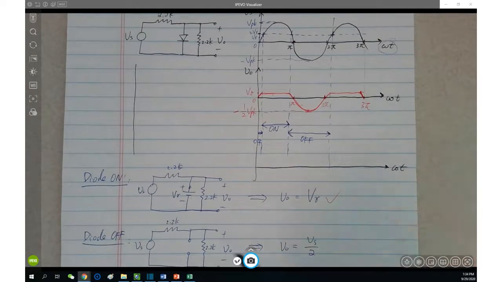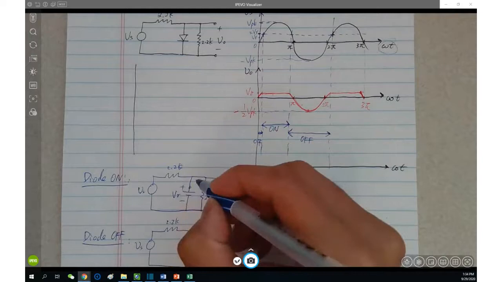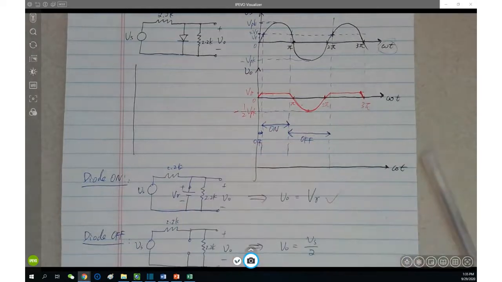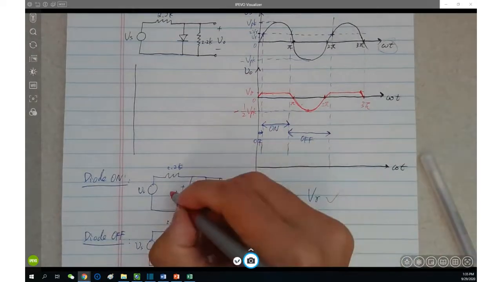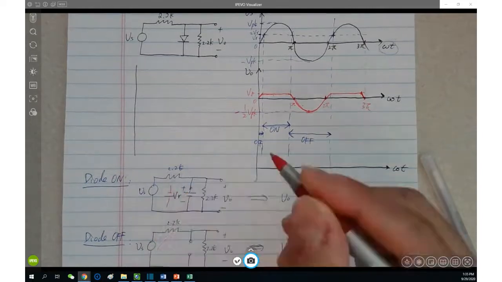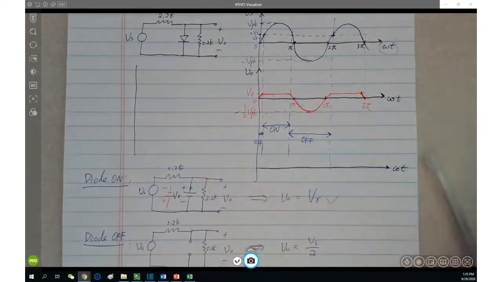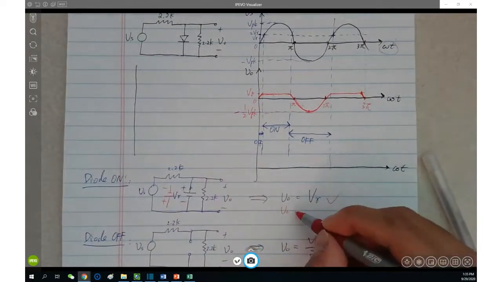Let's begin with the diode on. When the diode is on, is anything different in the circuit? You flip the polarity. Good, we're going to flip this. I'm using the red, and it becomes this instead.